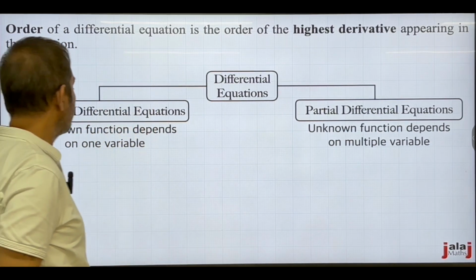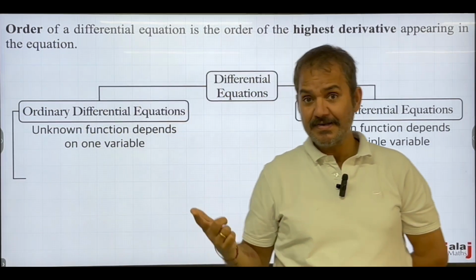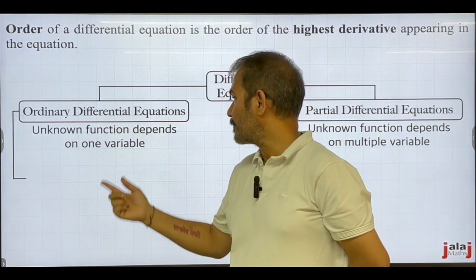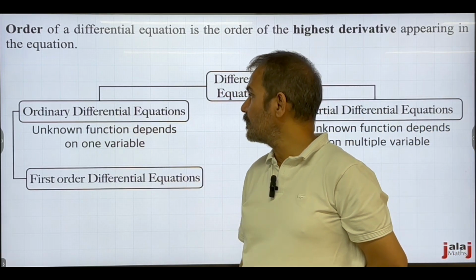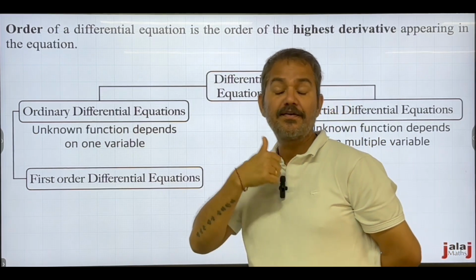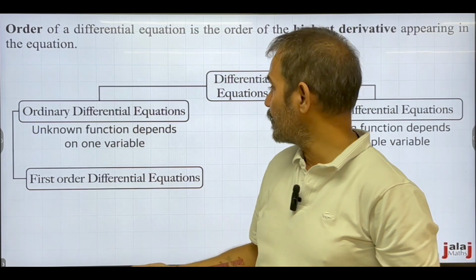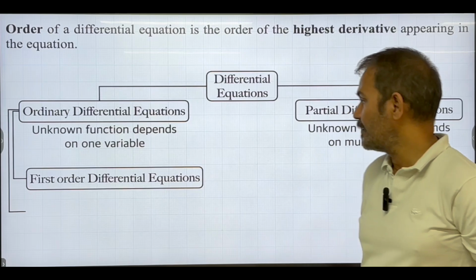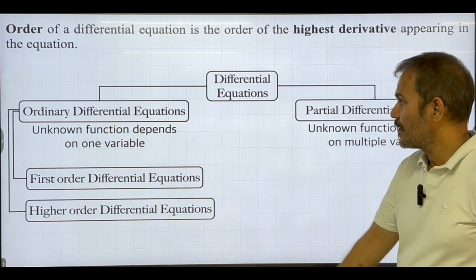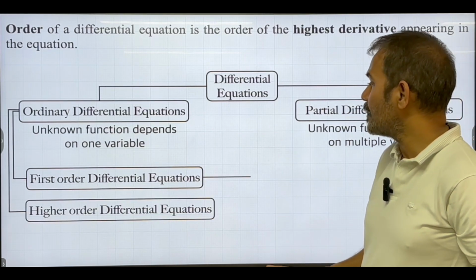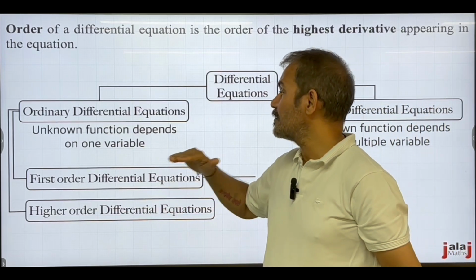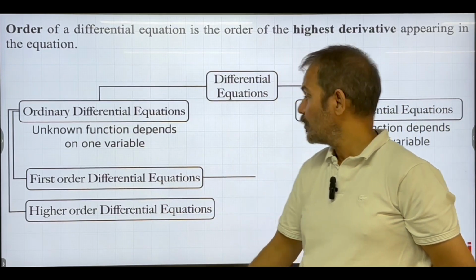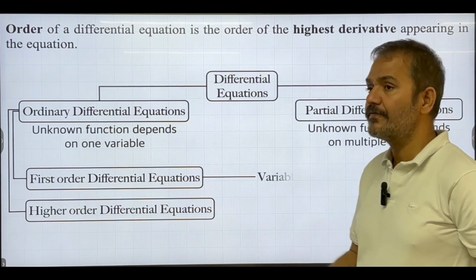In an ordinary differential equation, you have only one dependent variable. So in ordinary differential equations, you can have first order, second order, third order; you can have any order of differential equation. But in your IB syllabus, you have only first order differential equations. In first order differential equations, we have different types.